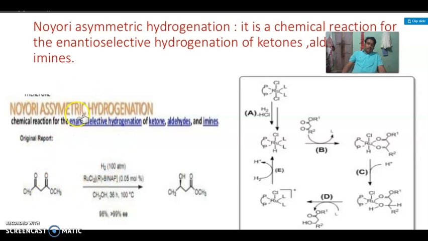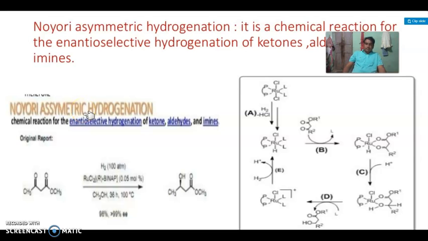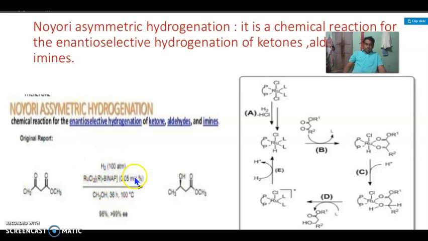Hydrogenation, we know, is addition of hydrogen across a carbon-carbon or carbon-oxygen double bond, but here asymmetric, meaning stereoselective, hydrogenation is carried out by using a chelating agent. Here the diketone acetate, in the presence of ruthenium chloride and BINAP as a chelating agent, gives a stereoselective or asymmetric hydrogenation.